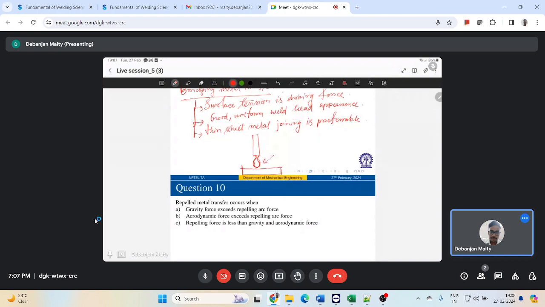And whenever there is a short circuit, my arc will get extinguished. So the pinch effect increases due to the increase of current during shorting. Like I told you, whenever you have this short circuit, there will be an intense current density, right? So due to the increase in current, the pinch effect also increases, neck formation quickens, and ultimately the drop gets detached from the electrode, right?